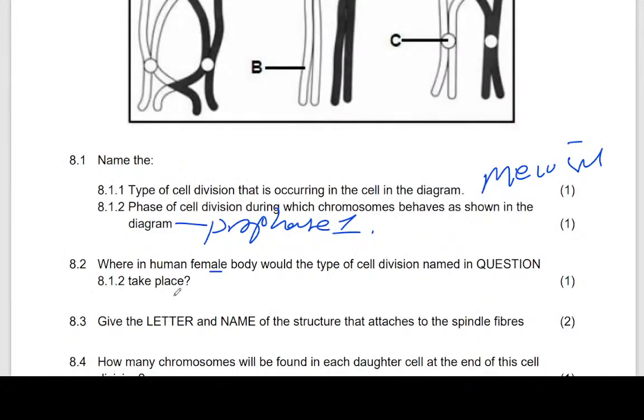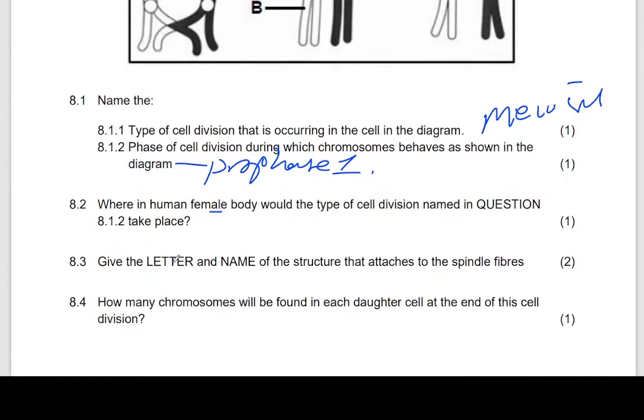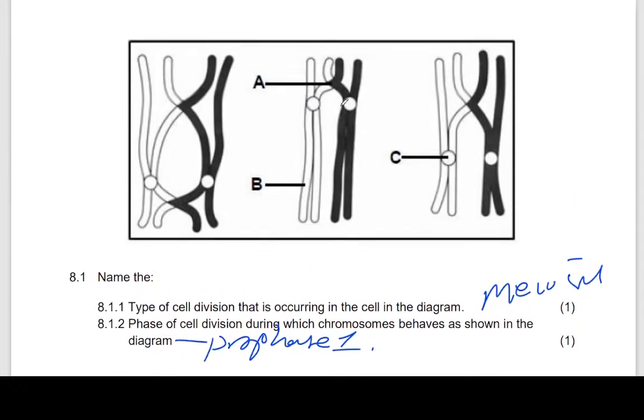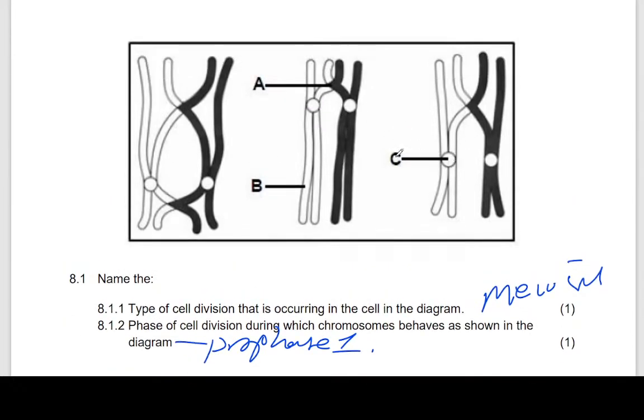They're saying to give the letter and the name of the structure that attaches to spindle fibers. Spindle fibers. We talked about it. This is C, and it is centromere. There are some students who write this spelling very wrong.